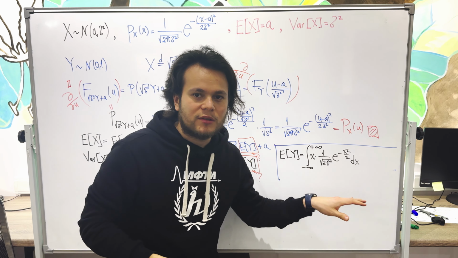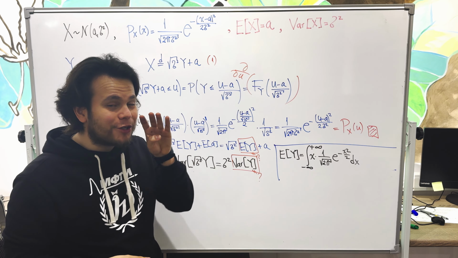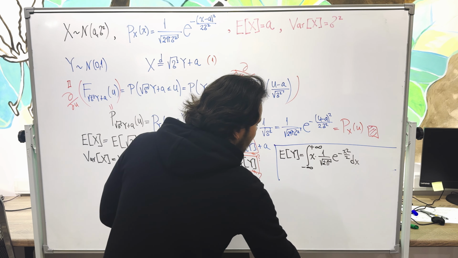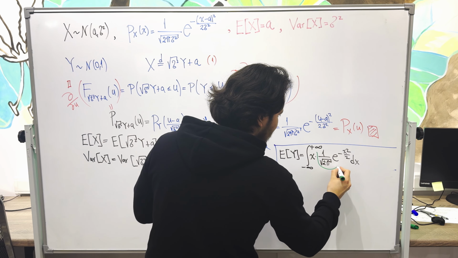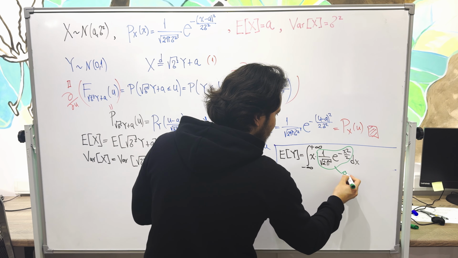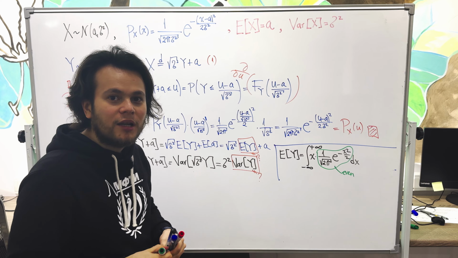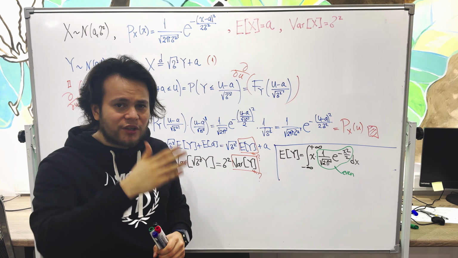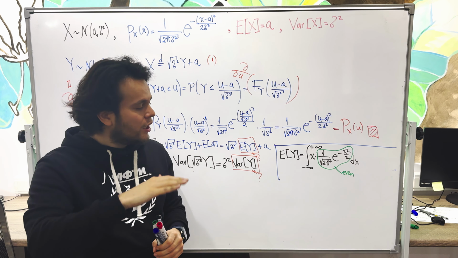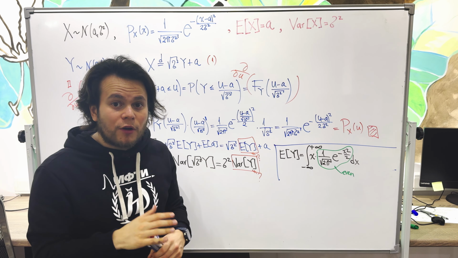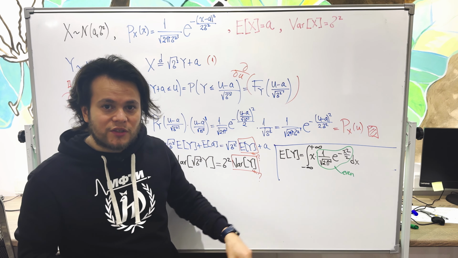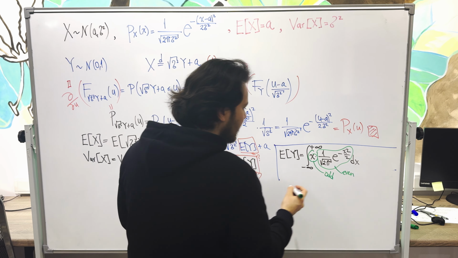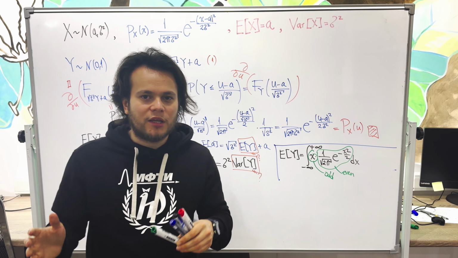Now, this integral looks quite difficult, but it's actually very simple. Why is that? Look, we can notice that this function, the PDF, is an even function. So the graph of this function is symmetric with respect to the y-axis, and the function x is odd. So we have the product of an even function and an odd function.